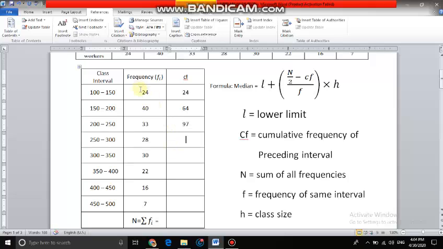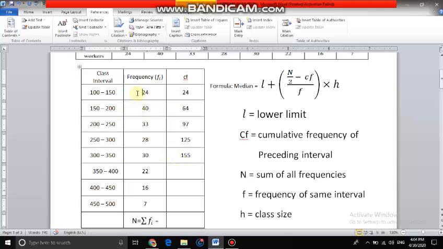The fourth cumulative frequency is the sum of all these four numbers, and adding 28 we get 125. The cumulative frequency of the next row is the sum of all these five numbers, so 125 plus 30, 155.